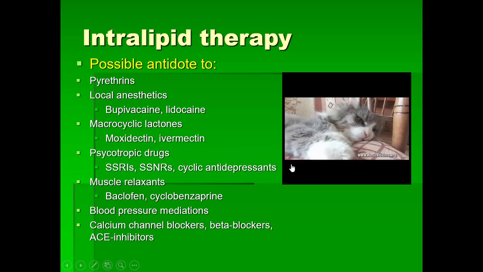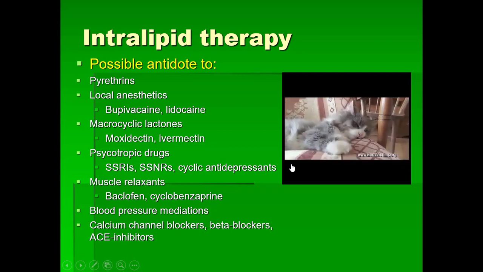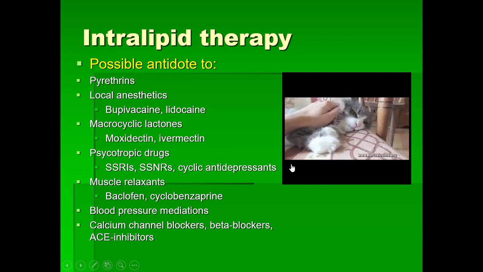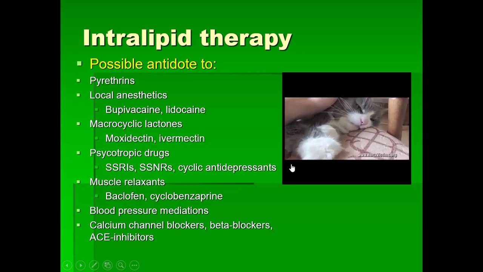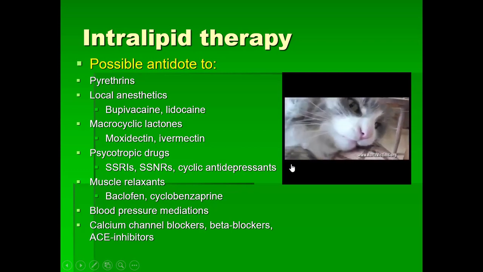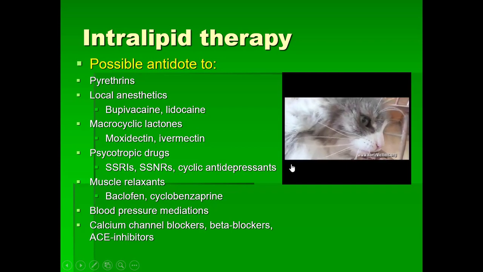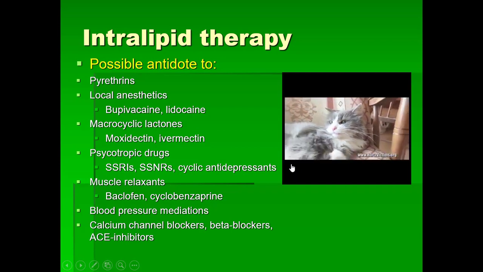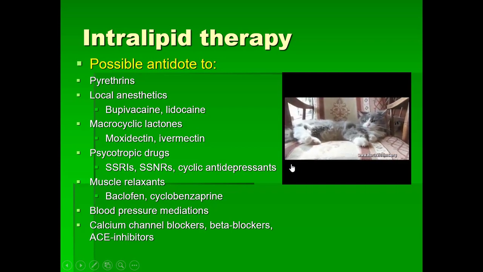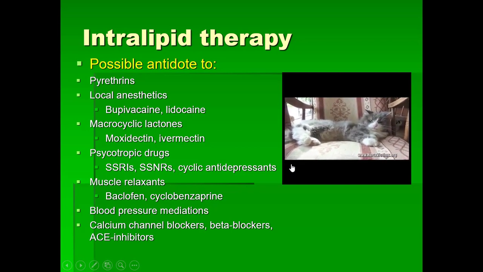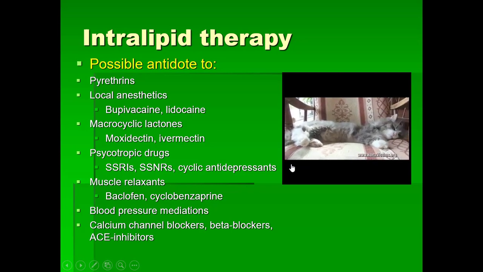This is a cat that was intoxicated with a pyrethroid. And if we look at the literature, there are many lipid-soluble compounds against which we can use this therapy. We have pyrethrins, we have ivermectins, we have some human drugs, and the list goes on and on.